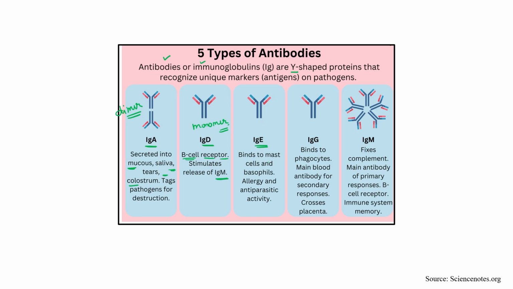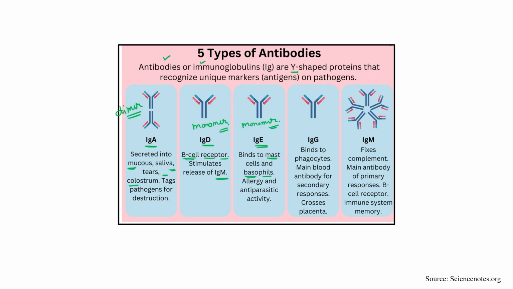This type of antibody, IgE, binds to mast cells and basophils and shows different kinds of allergic reactions and anti-parasitic activity. These are also present as a monomer and Y-shaped structure. The structure is the same.